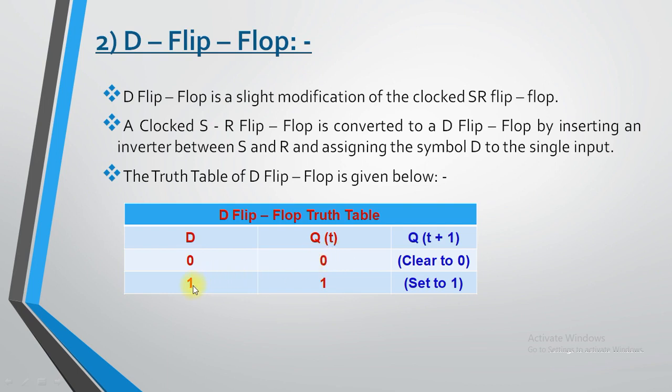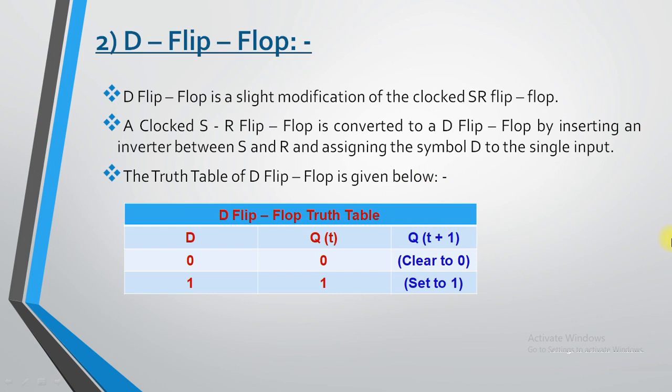If D is 1, the present state is 1. And over here the description is that 0 means clear, or reset to 0, and 1 means set to 1. Qt refers to the present state, Qt+1 refers to the next state. So this is the truth table of the D flip-flop.